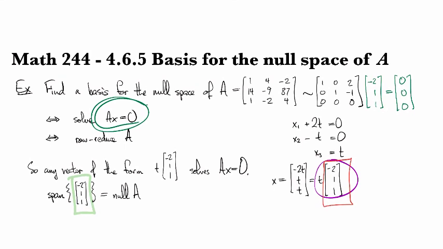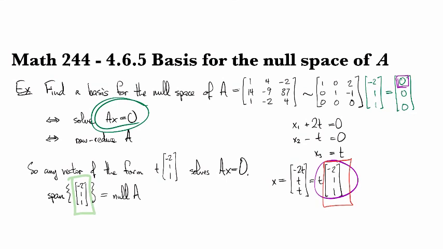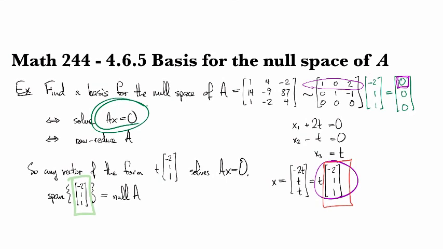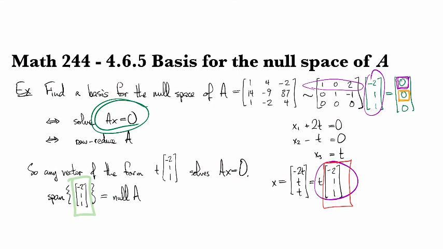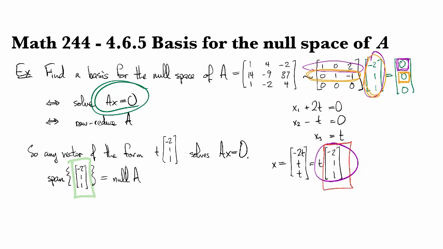So in particular, the fact that we have a 0 in this first coordinate means that this row is orthogonal to this vector because they have dot product equal to 0. The fact that I have a 0 here in the second coordinate reflects the fact that this row is orthogonal to this vector.